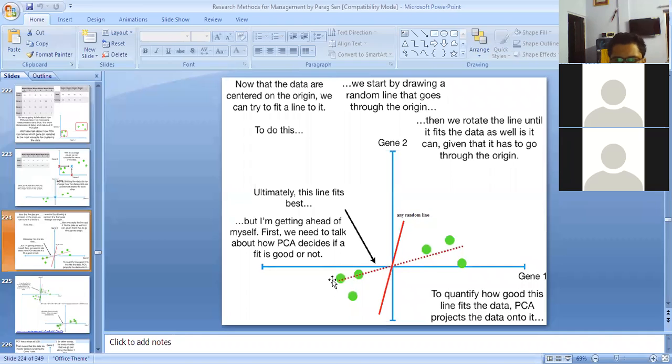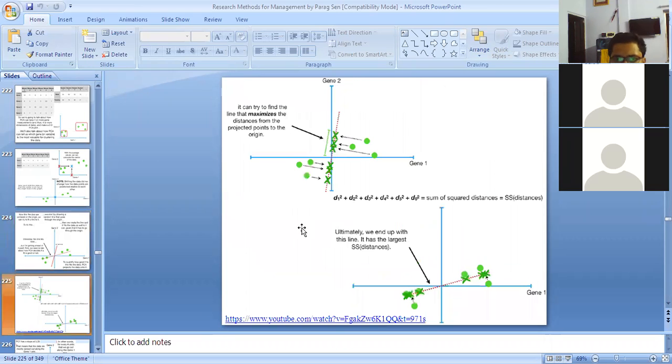Ultimately you are getting this line that fits the best. But how can you understand that this is the best fitted line? It is the same way as in the regression equation that I told you: it tries to find the line that maximizes the distances from the projected points to the origin.